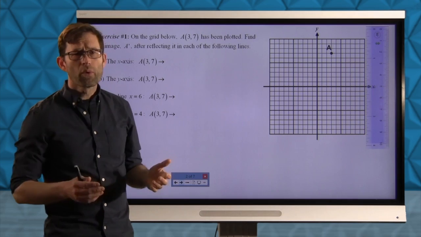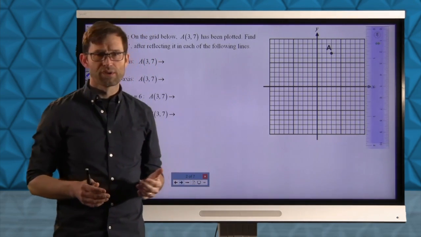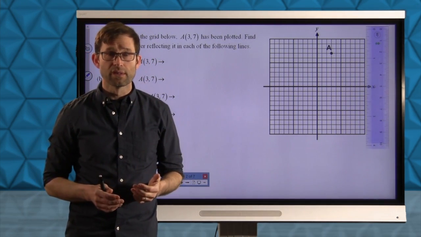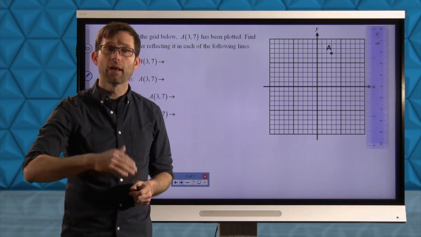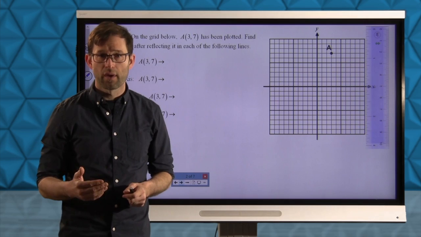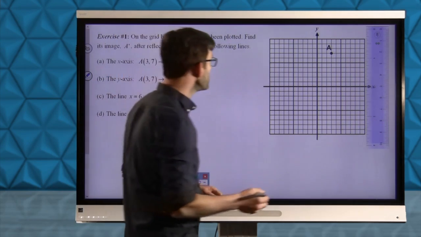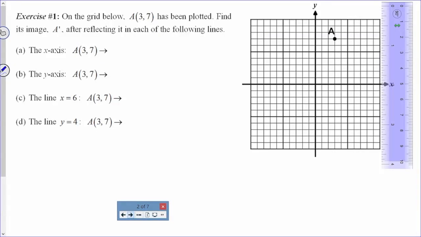Now, when we're reflecting points in vertical and horizontal lines, it's actually relatively easy because a reflection should always be flipped across the line in a perpendicular way. What I mean by that is if we take a look at the point A and we want to reflect it in the x-axis, we want to come into the x-axis, and obviously that ends up being 7 units, and then we want to go 7 units past the x-axis.